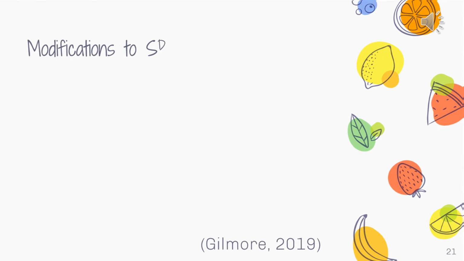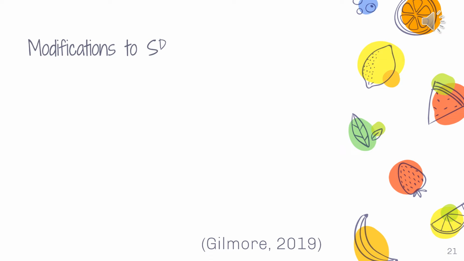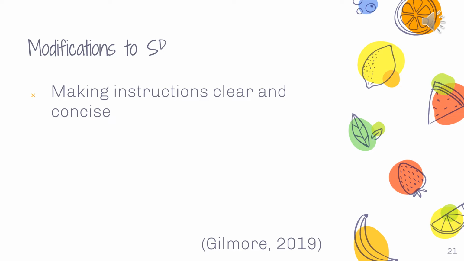There are several modifications you can make to discriminative stimuli when implementing interventions. This can all be done in order to increase skill acquisition and/or reduce problem behaviors. First, you can make instructions clear and concise. The more clear the instructions are, the greater the chances the student will be able to discriminate between the SD and the S delta conditions.